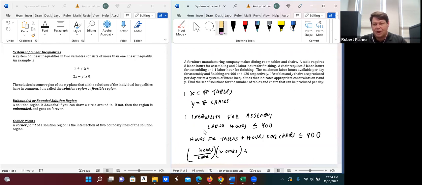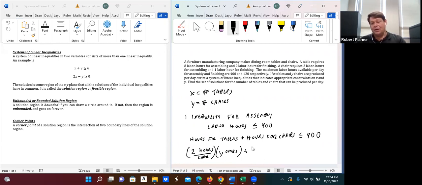I have to make sure I use the right number. So I'm going to do chairs. For assembly, for chairs, that was 2 labor hours per chair, and y was the number of chairs. So it doesn't matter what order I do. It was 2 assembly hours per chair times y chairs.